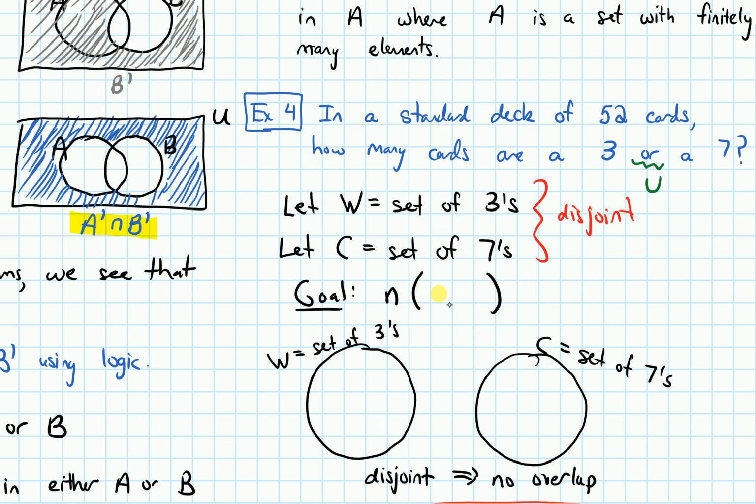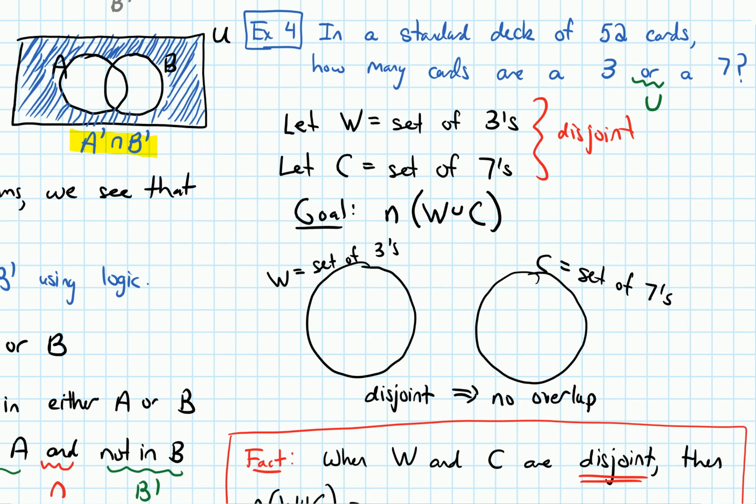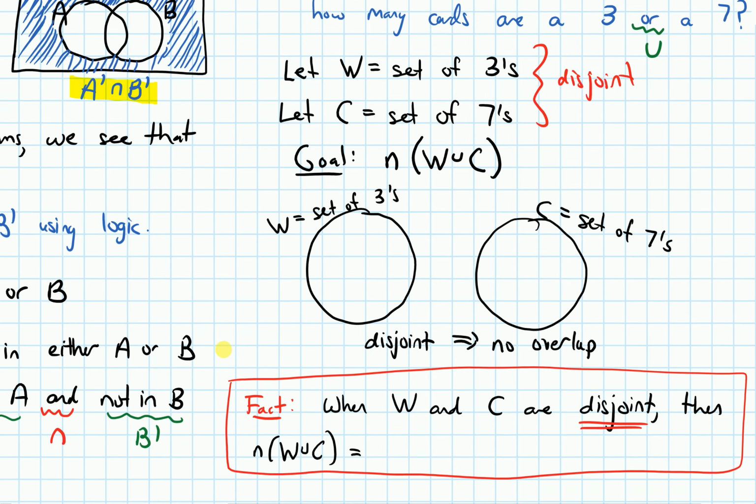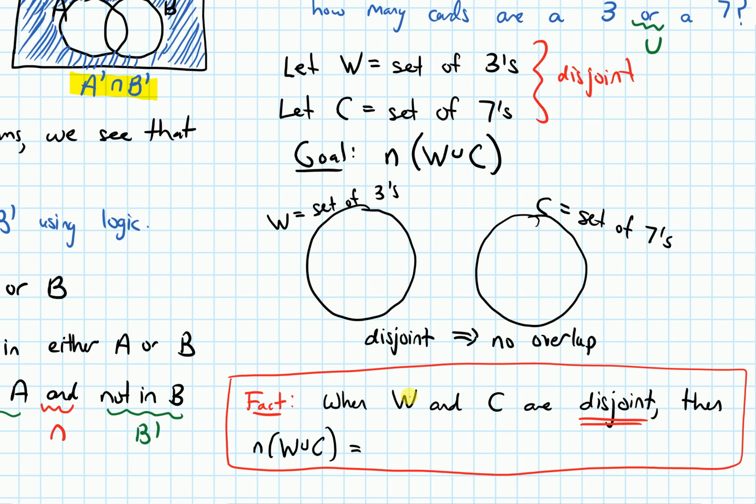So we need to count the number of cards in W union C. All right, so that's going to bring me to our first key fact in this video, which is when two sets like W and C are disjoint, then the number of elements in the union of those two sets is just the number of elements in the first set, W, plus the number of elements in the second set, C. So in other words, in our example, we just got to count the number of 3s and then add that to the number of 7s.